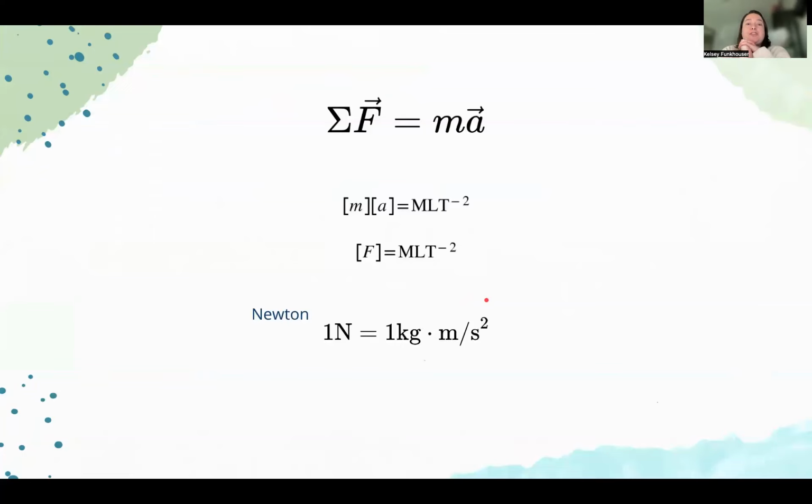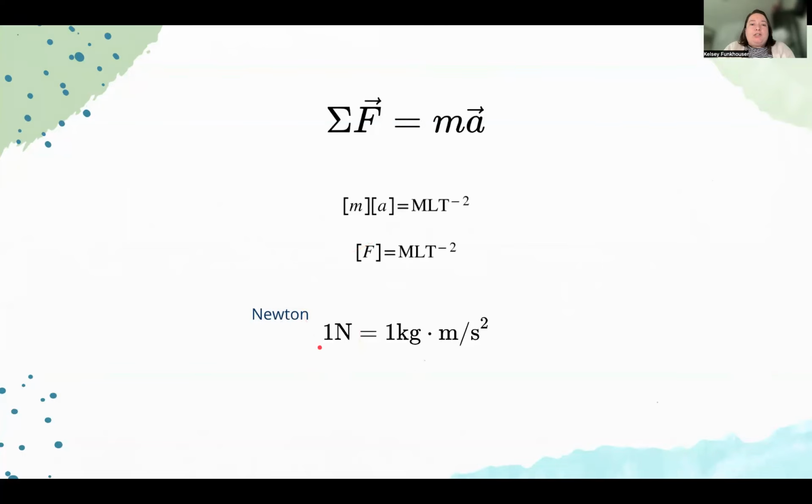Let's do some dimensional analysis to understand the units here. So mass times acceleration has units of mass times length times time to the -2. And because mass times acceleration equals the net force, the force needs to have the same units as mass times acceleration.